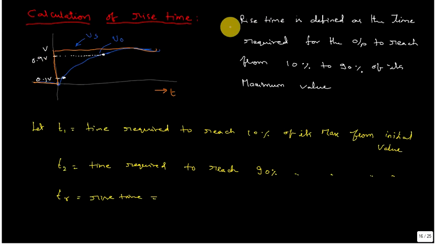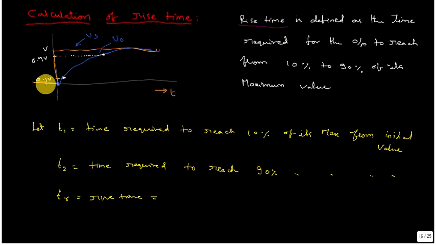We know the definition of rise time: the time required for the output to reach from 10% to 90% of its maximum value. Maximum value is nothing but V volts. Since you are applying a V volt step, the capacitor can take V volts.